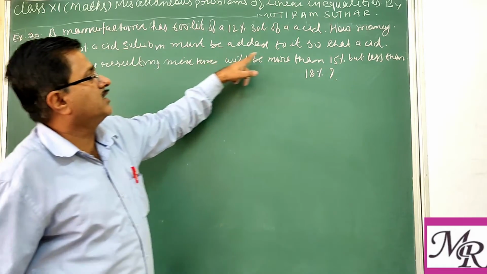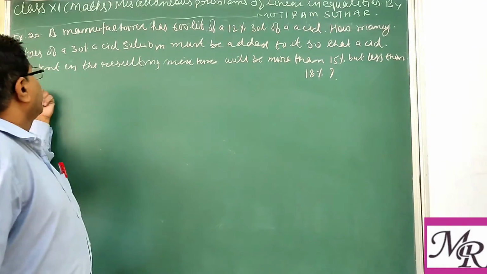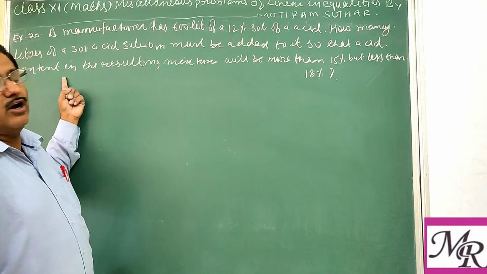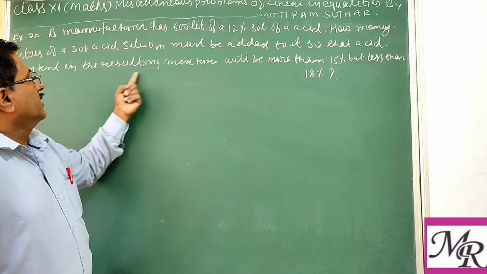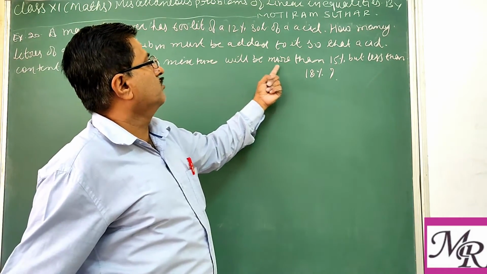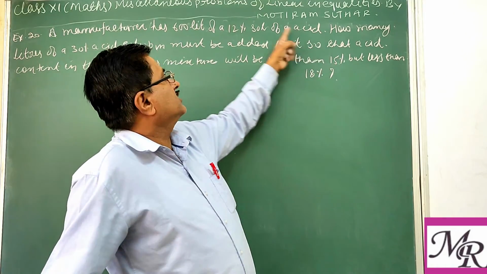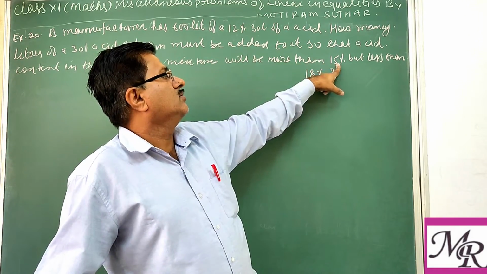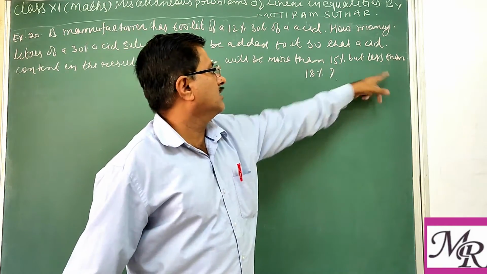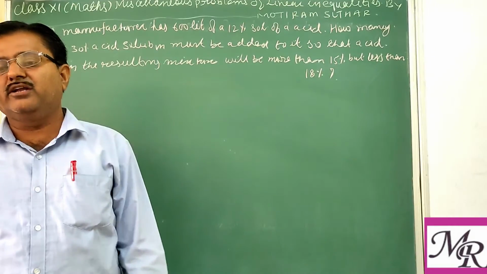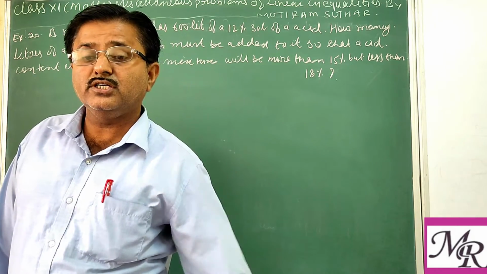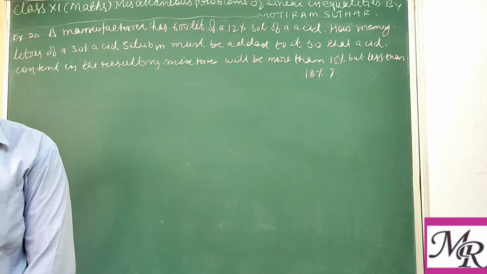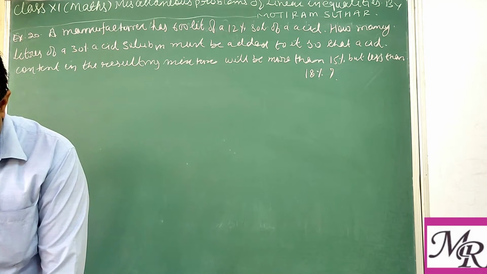So the acid content in the resulting mixture will be more than 15%. This is already 12%, so we have to convert it into 15%, but less than 18%. So dear student, this is a very important problem. Generally we ask this type of problem.